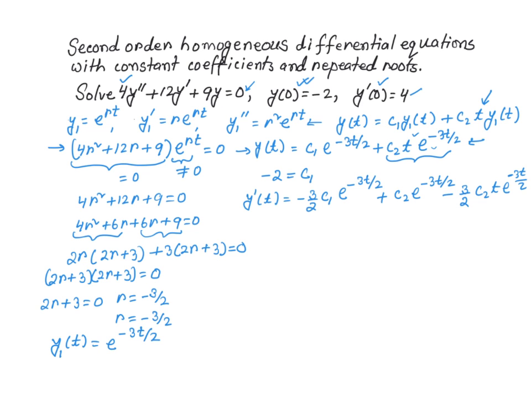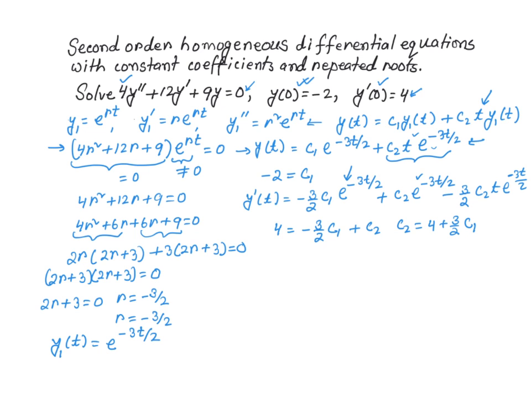However, it's given that y'(0) is equal to 4. So 4 is equal to -3/2 times c1, and e to the power 0 is just 1, plus, again e^0 is 1, c2. If I solve for c2, I get 4 plus 3/2 times c1.